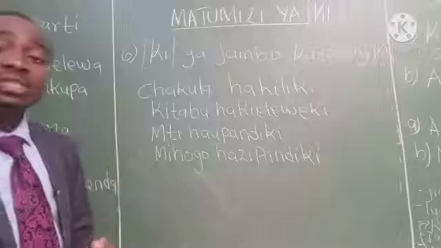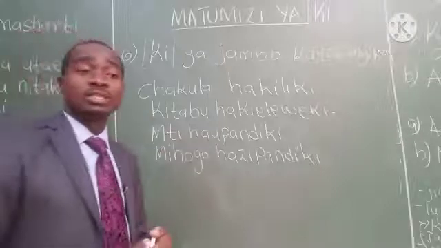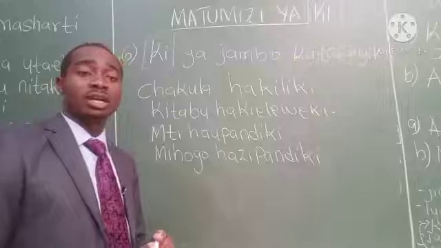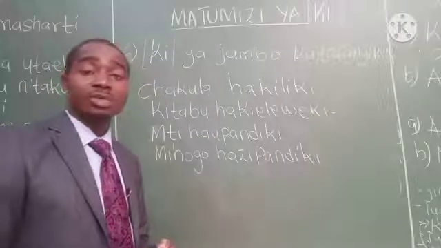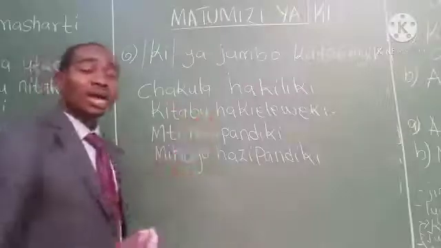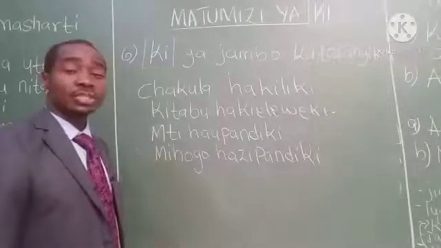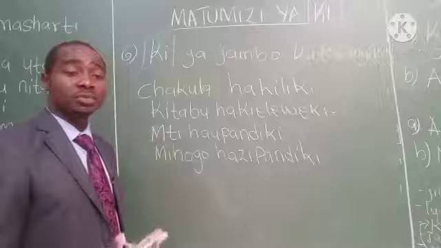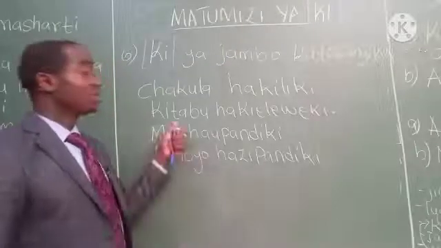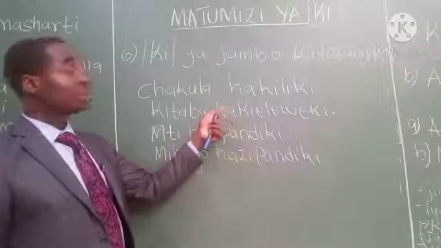It shows something is problem to do, and it can't be done. Here, chakula hakiliki, and maybe because of a certain condition, it is preventing something to be done. Chakula hakiliki, the food is not eatable.